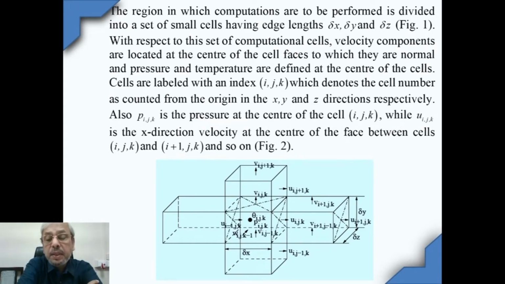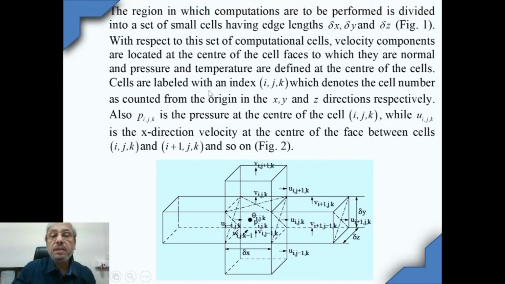I have already mentioned the staggered grid and the location of the variables. So let me repeat it again. Velocity components are located at the center of the cell faces to which they are normal, and pressure and temperature are identified at the center of the cells.